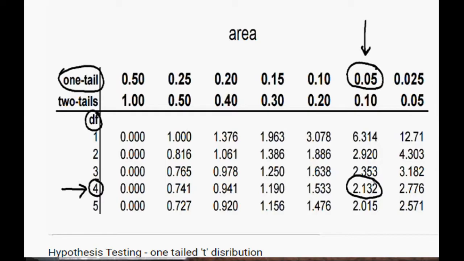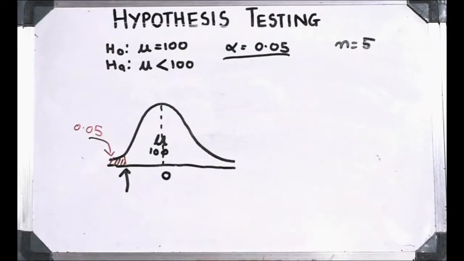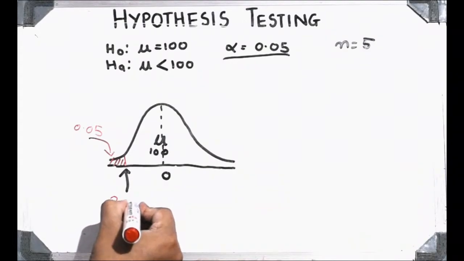Now if we go right from 4 and down from 0.05, the value at which these two points intersect gives us the critical value, the T value. It is 2.132. I believe it is clear how we got 2.132. This 2.132 is your critical value.